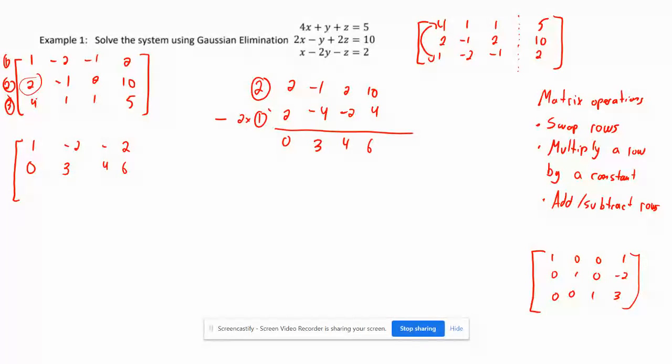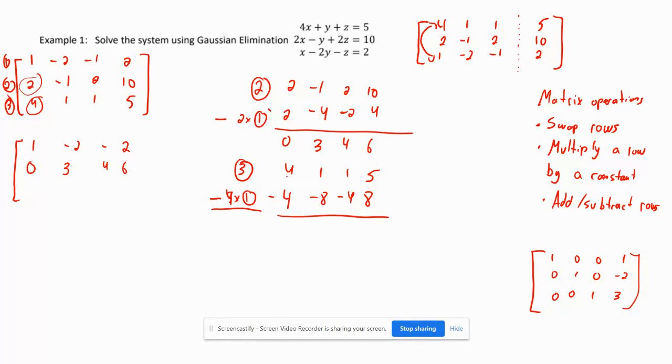Now I want to take this 4 and make it equal to 0. So I'm going to go equation 3 minus 4 times equation 1. I'm using this 1 to get rid of this 4 over here. Equation 3 is 4, 1, 1, 5. 4 times equation 1 is 4, -8, -4, 8.